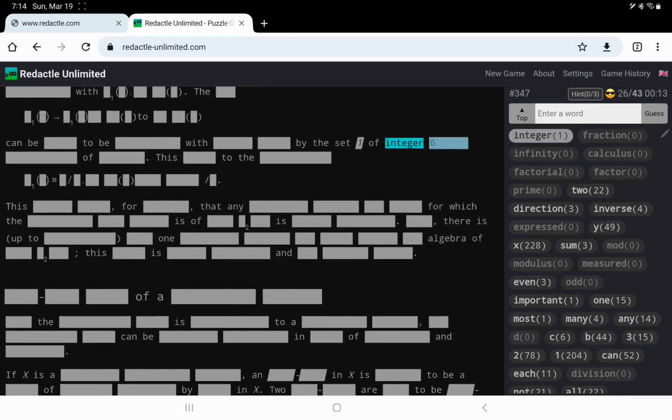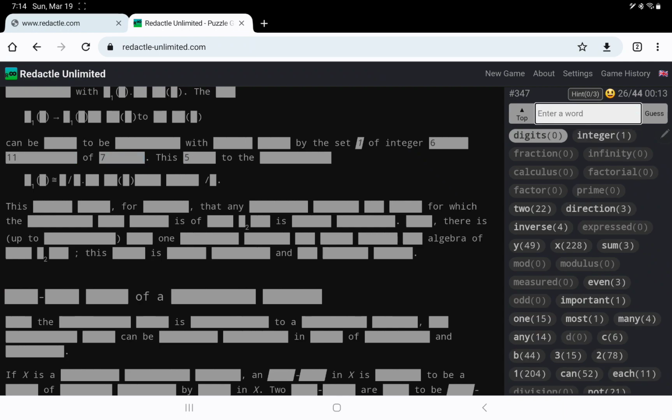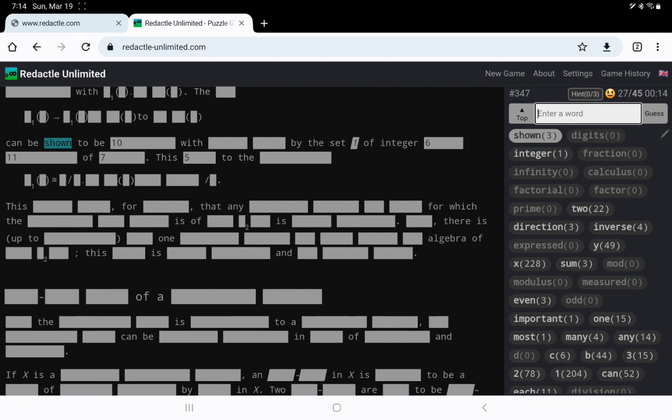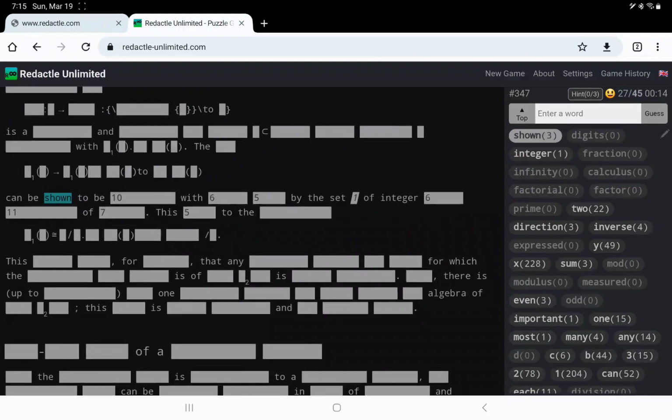By the set, something of integer digits. No. Can be shown to be something like overlapping or consistent with.